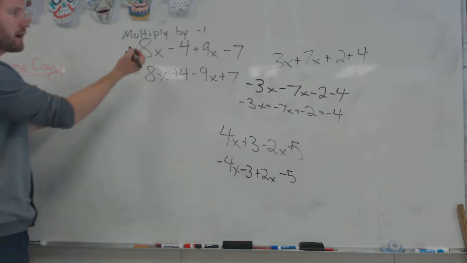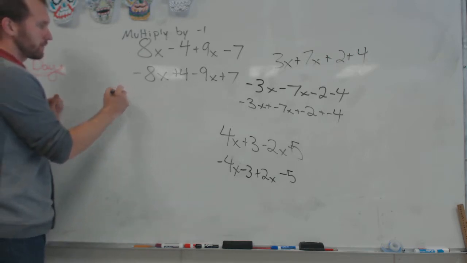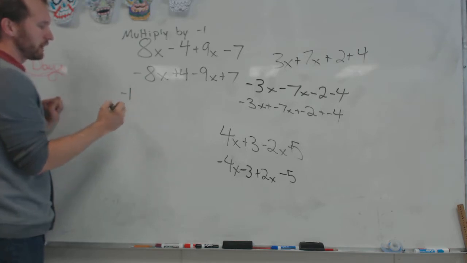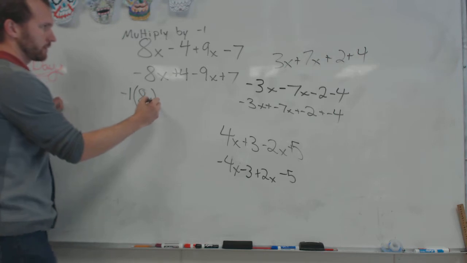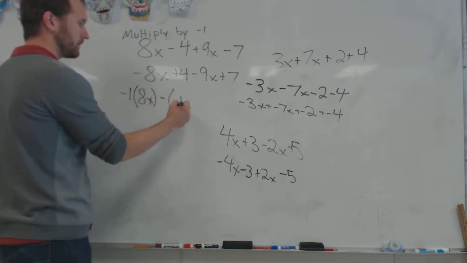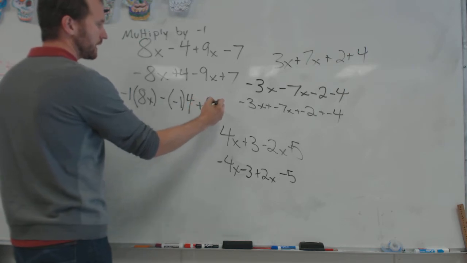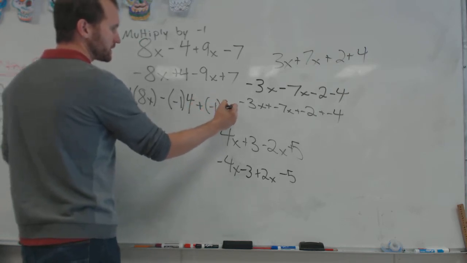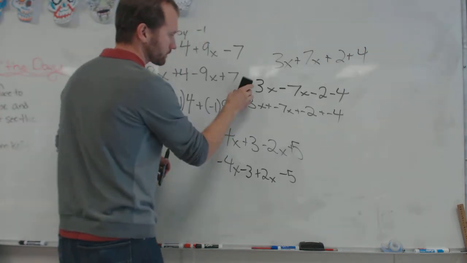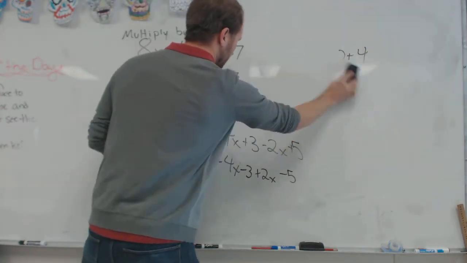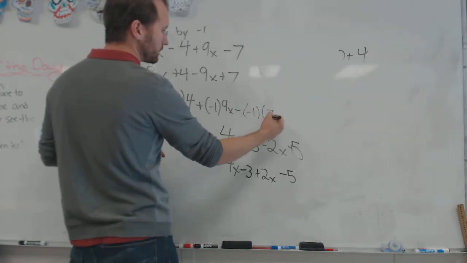If you think, I could write this out in really longhand. Watch. It would be like this. If I wrote this out, -1 times 8x minus -1 times 4 plus -1 times 9x minus -1 times 7.